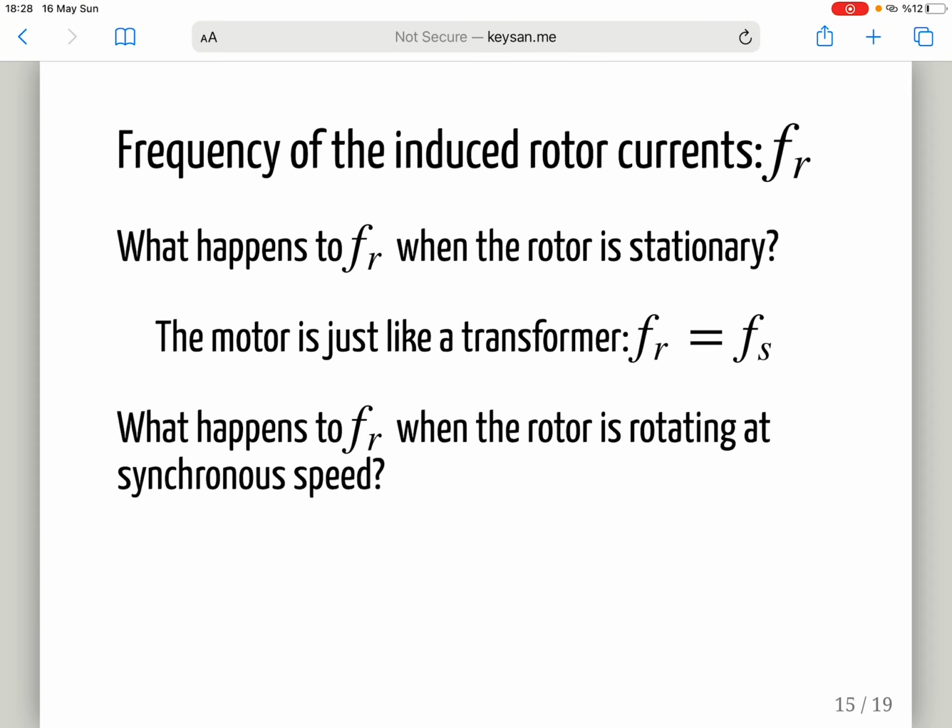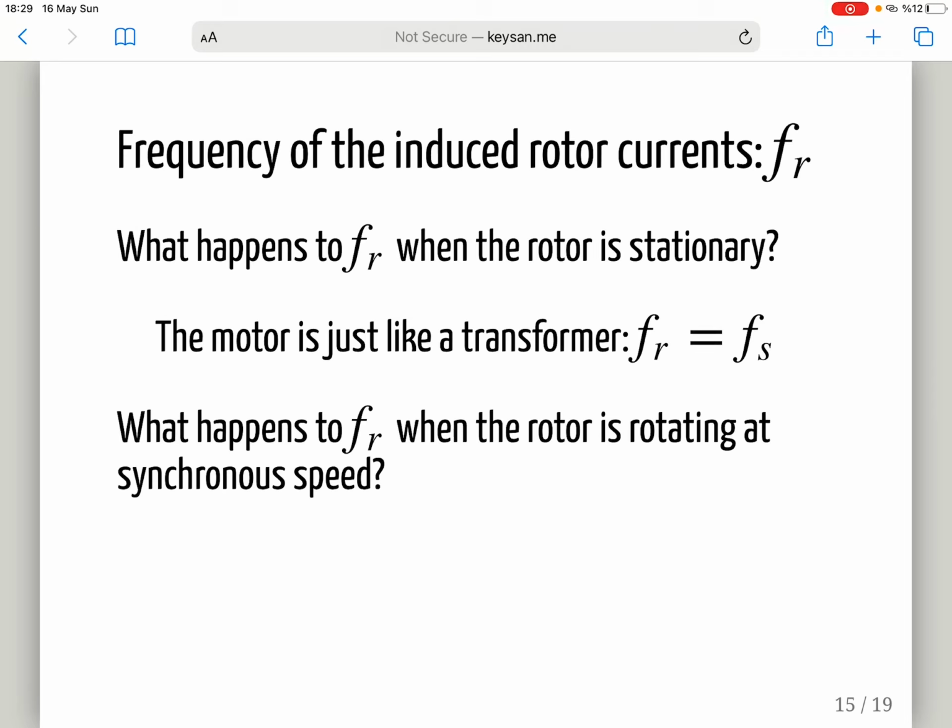So the question is, what happens to Fr when the rotor is rotating at synchronous speed? Somehow I'm rotating the rotor at 50 Hertz, and the stator coils are also excited by 50 Hertz, so they are rotating 50 times a second, and our rotor is also rotating 50 times a second.